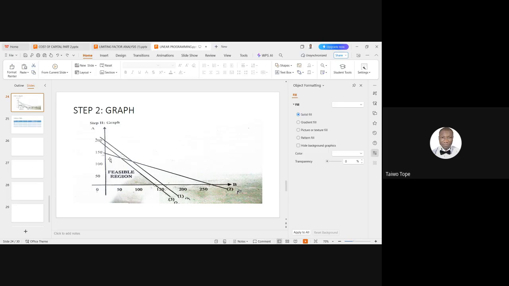What is the value at point A? This line here, 125, right?